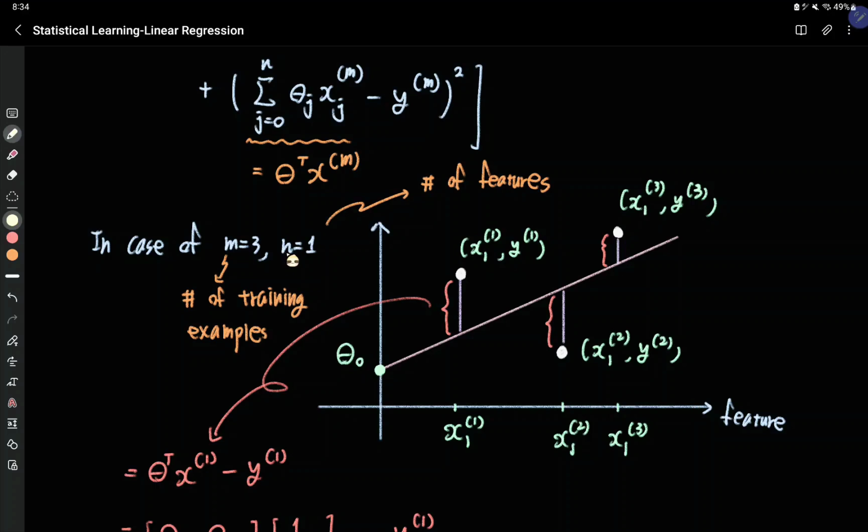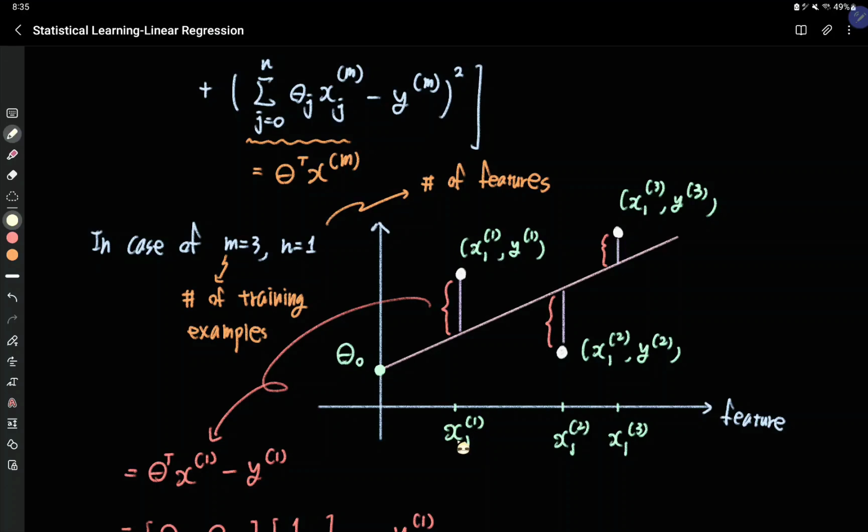If you have two features, n is 2, then we get maybe 3 axes, right? Now m is 3, so it means that we have 3 training examples. So we say 1, 2, 3.